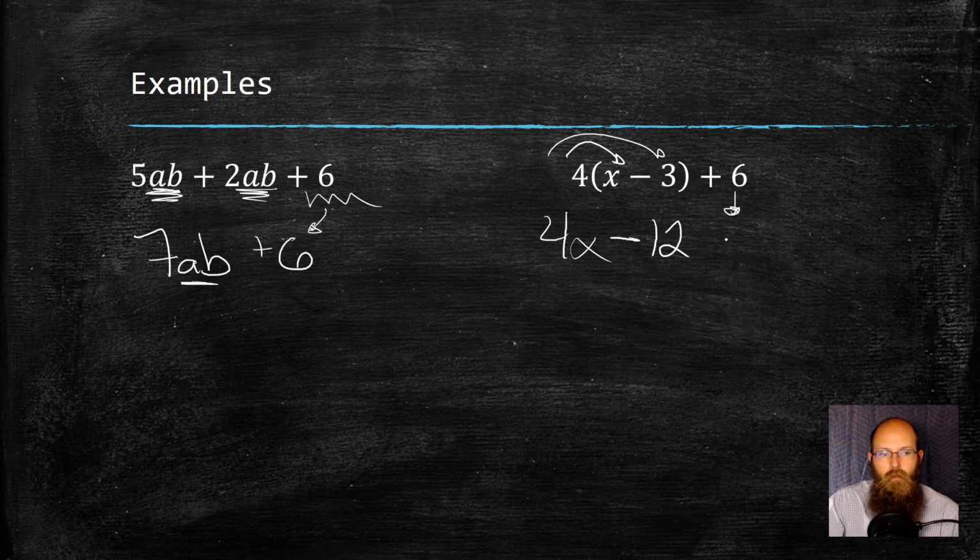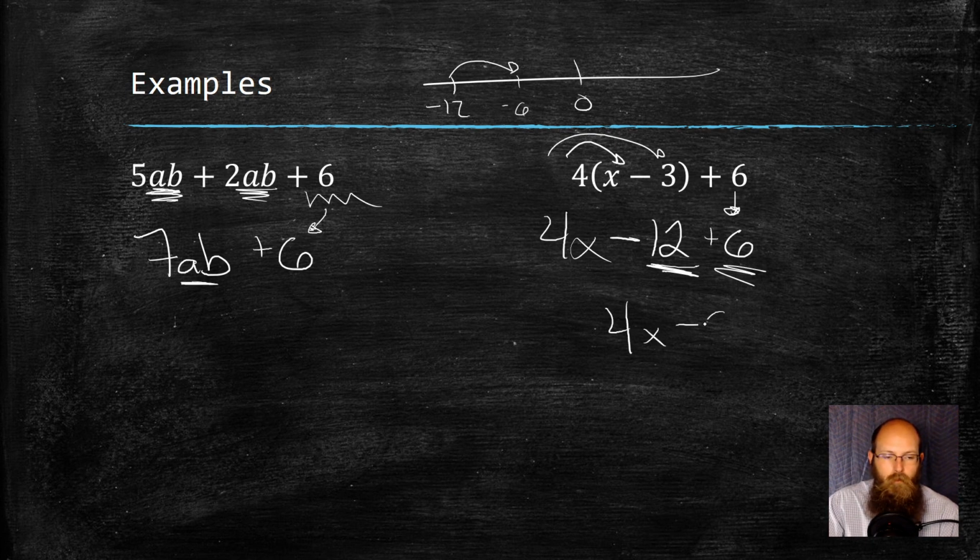And then that 6 is just going to come down. Notice now how I have some like terms. I have something with no letters and something with no letters. So what is negative 12 plus 6? Well, I'm at negative 12, which on a number line would be way over here. And then I have positive 6, so I go towards my 0, and I end up with negative 6. Or I could use a calculator. It's your preference, and your teacher's preference, I guess.